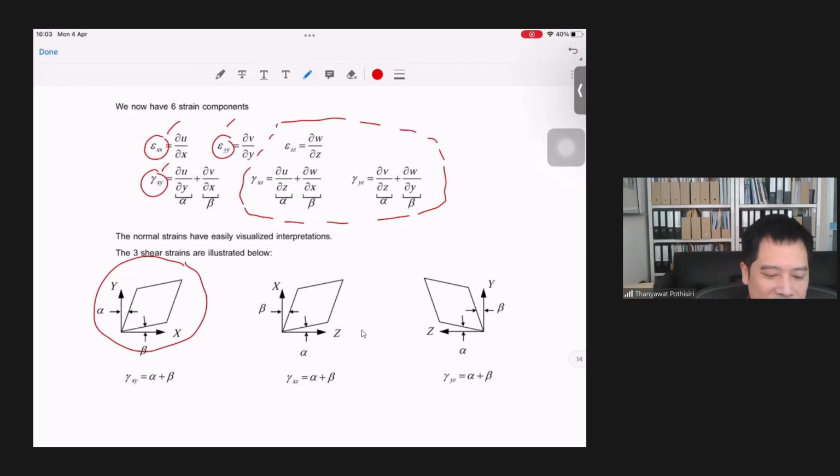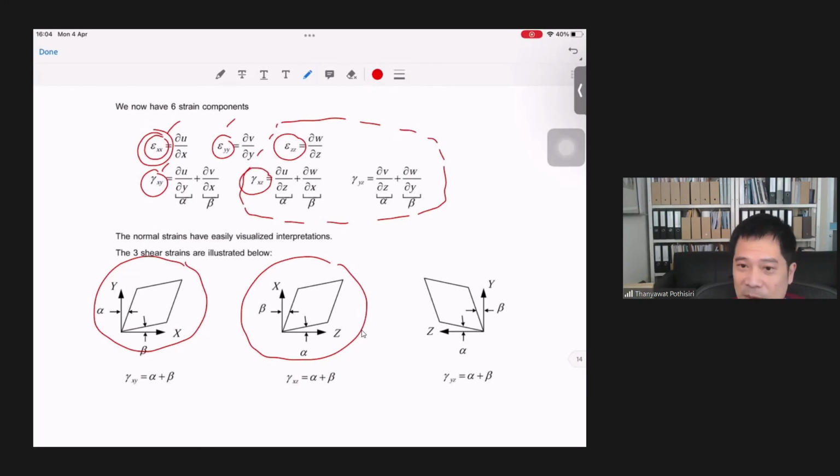For example, if you look on an xz plane, you would see epsilon x, and you would see epsilon z, and you would also see gamma xz.